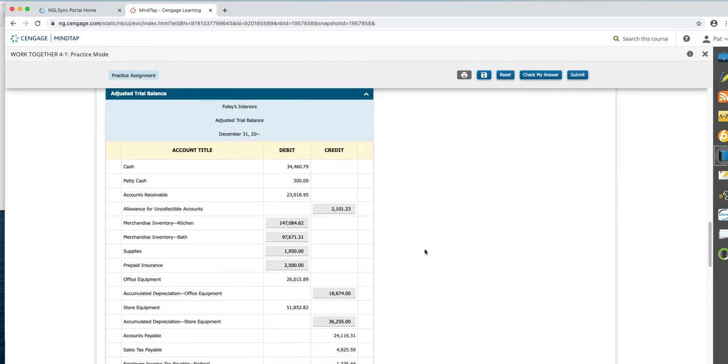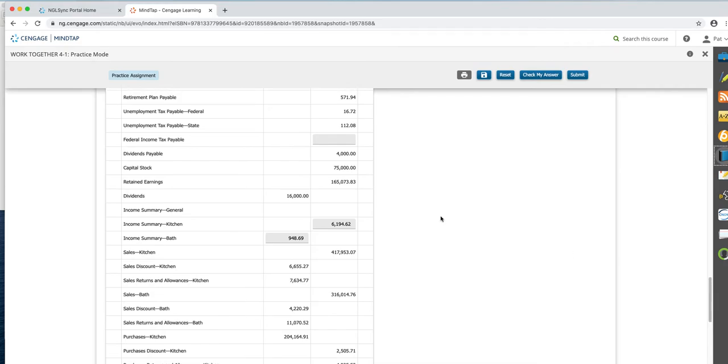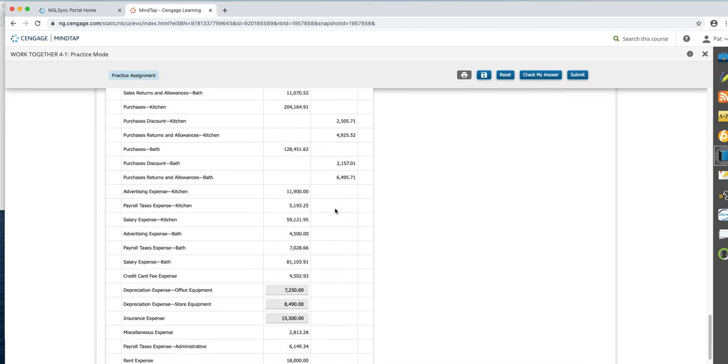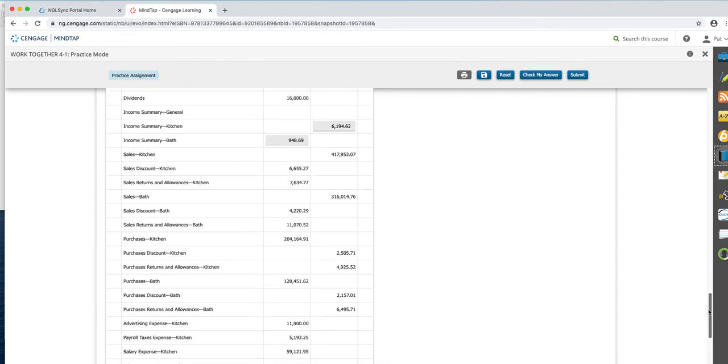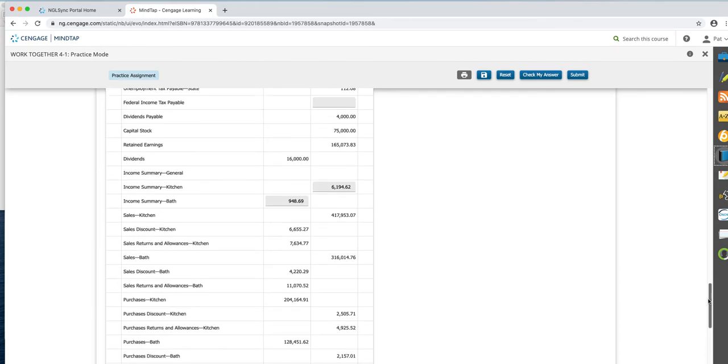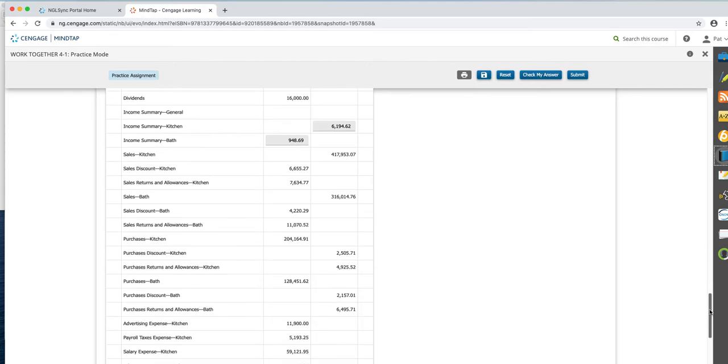Well, we don't have income statement columns, so if you remember, the income statement columns start after dividends. So starting with capital stock on down, okay, that is where we will begin. So you add up, or not dividends payable, excuse me, I lied, sorry. From dividends down.